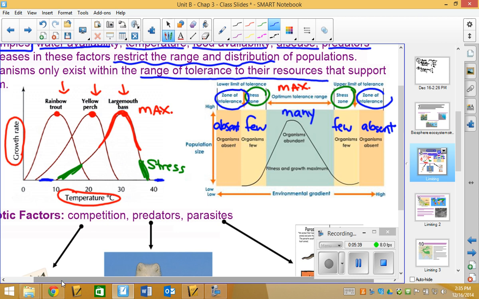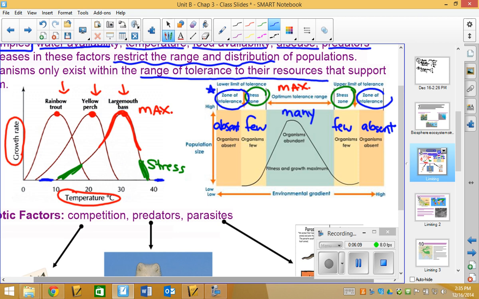So any type of graph I would show you about organism growth or number would have this characteristic shape, so that you could deduce where their optimum tolerance range was, what their stress zone was, and what their zone of intolerance is. I will use these vocabulary words, intolerance, stress, and optimum, to ask you to identify maybe values off of a graph.